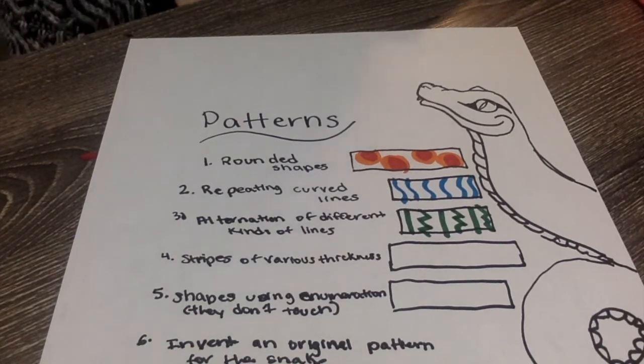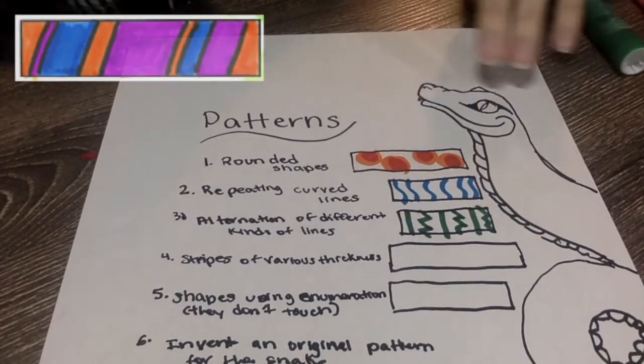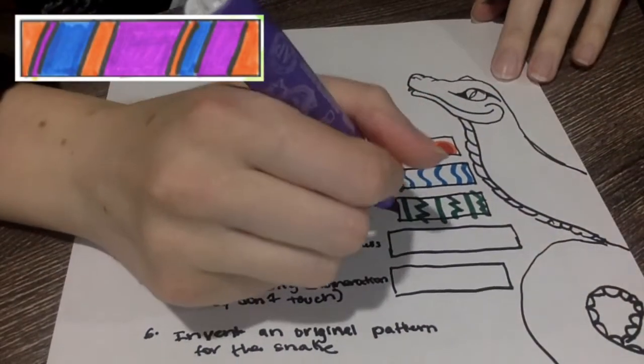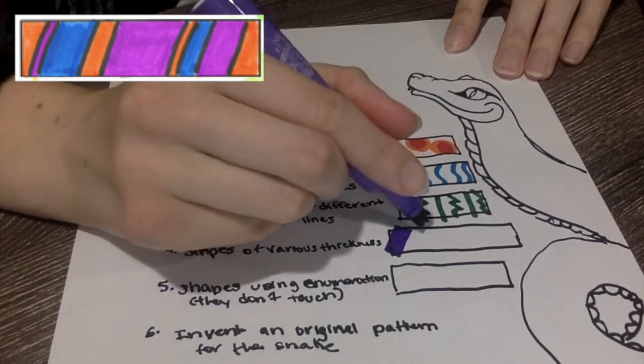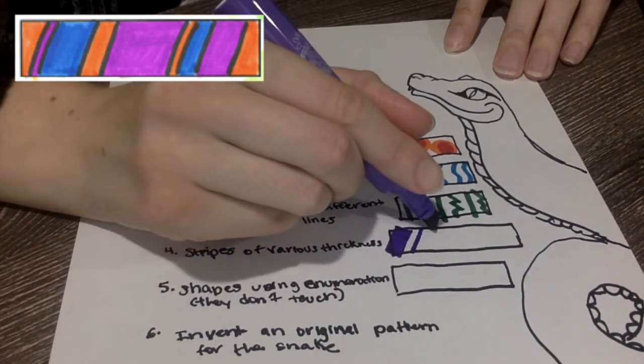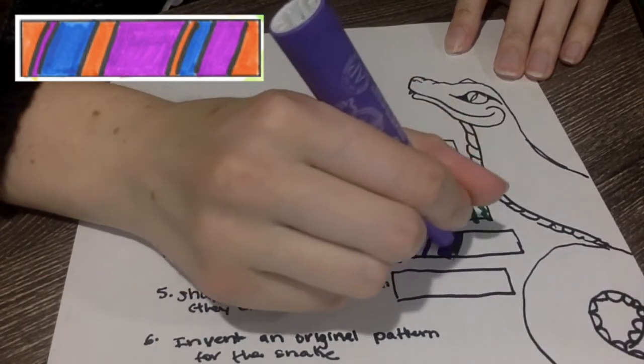Now it asks for stripes of varying thickness. All right. So if we have a large stripe like that, then a thin, large. We'll make it nice and large.